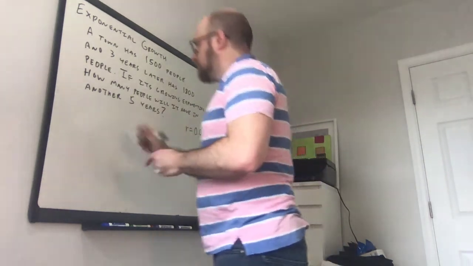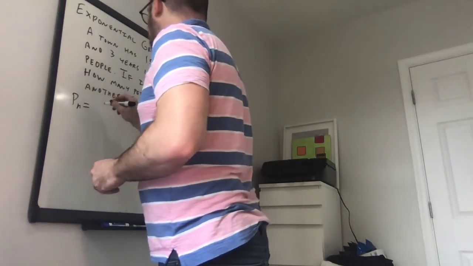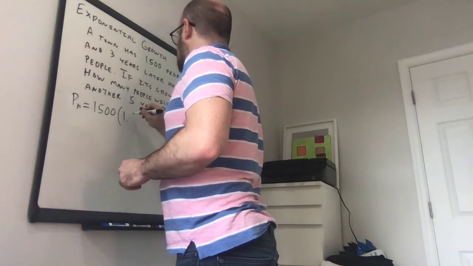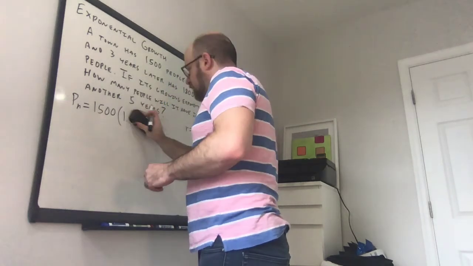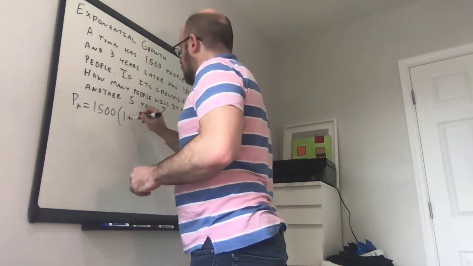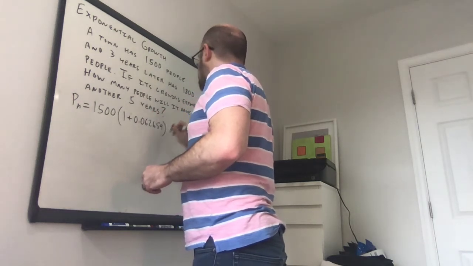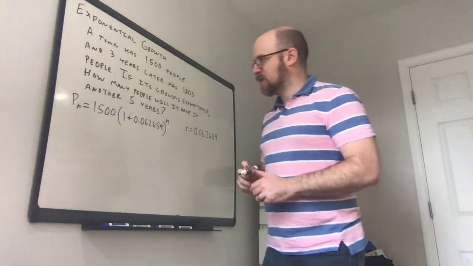P sub n equals 1500 times 1 plus 0.062659 to the nth power. Okay?